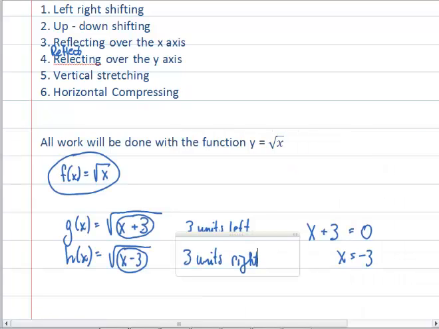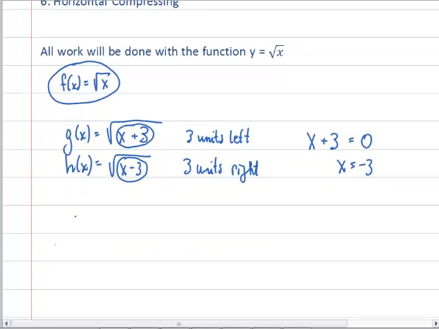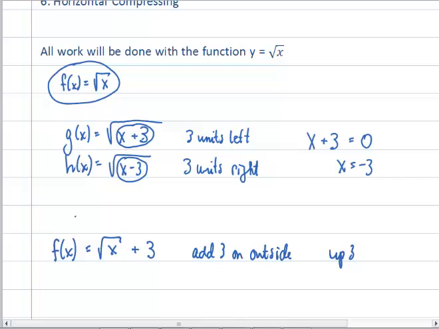Up or down is an easier case to figure out. In order to move the function up, if we're working with f of x equals square root of x, I'm going to just show that little line there where the radical ends. If I add 3 on the outside of the function, that's going to be up 3 units, because I'm basically adding 3 to every function value that the normal function started with.